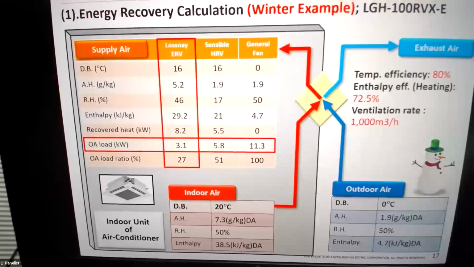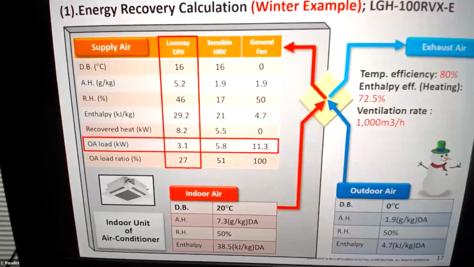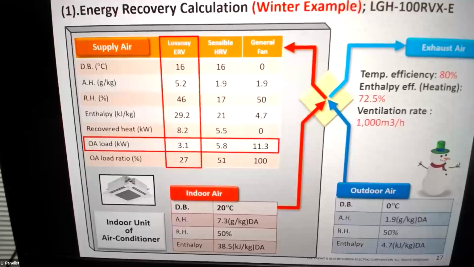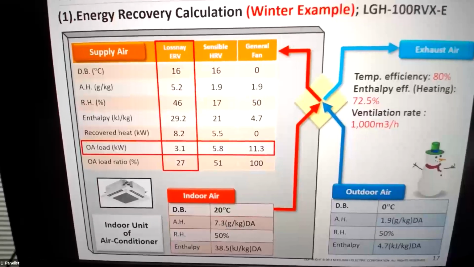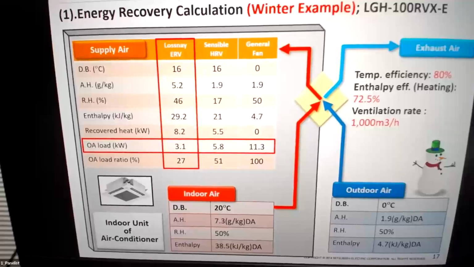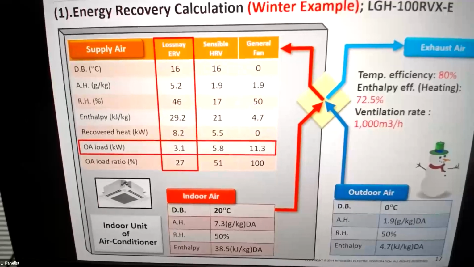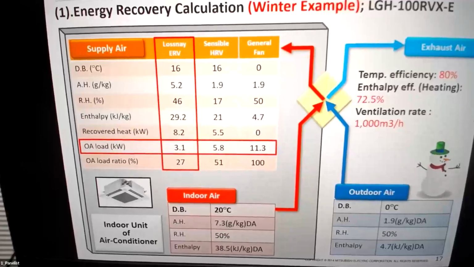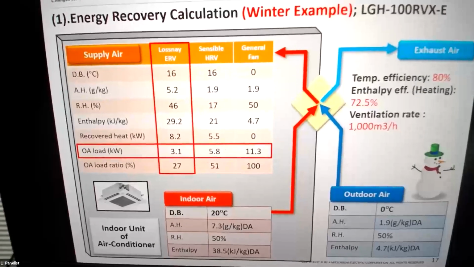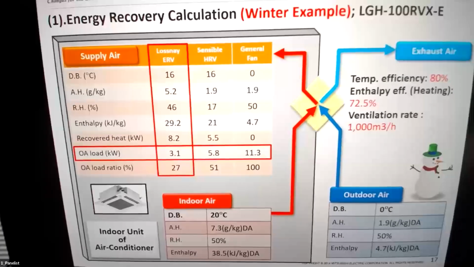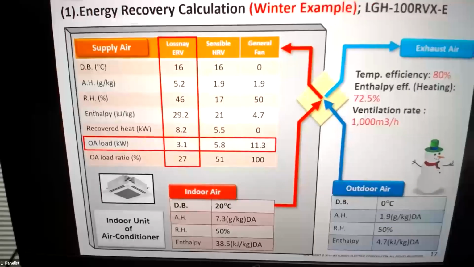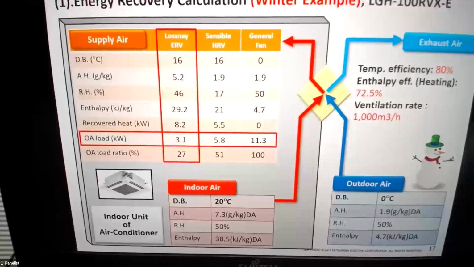Unfortunately, we cannot keep the 7.3%, but 5 to 5.3, not 100% okay, but we can save the cost for humidification compared to this and this. Does it make sense? Because we chose the total energy recovery module, moisture and temperature.